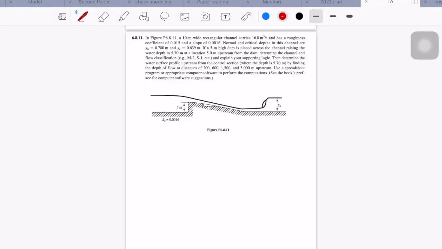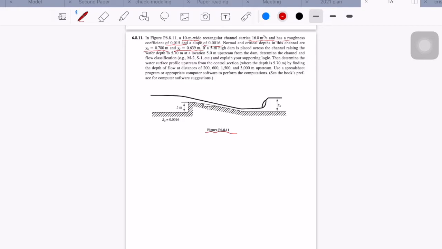For the third problem, in this figure, a 10-meter wide rectangular channel carries 16 cubic meters per second flow rate, and it has a roughness coefficient of 0.015 and a slope of 0.0016. Normal and critical depths in this channel are yn equals 0.78 meters and yc equals 0.639 meters.